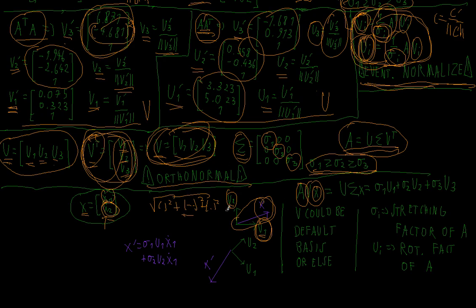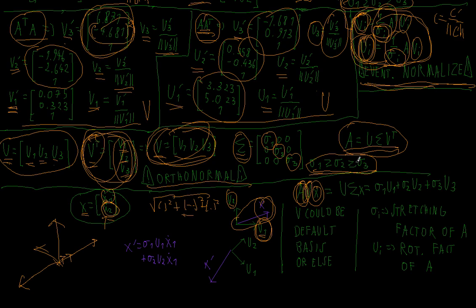It can stretch it by a positive factor or a negative factor, that is, you mirror it basically. You can stretch it by a value greater than 1 or smaller than 1. So it has a stretching factor and a rotation factor, which turns the direction of my vector. So the matrix A rotates and stretches my vector x, expressed in this basis v.